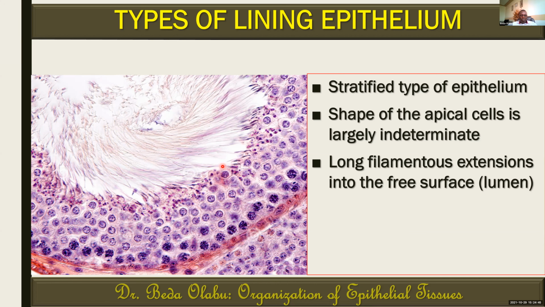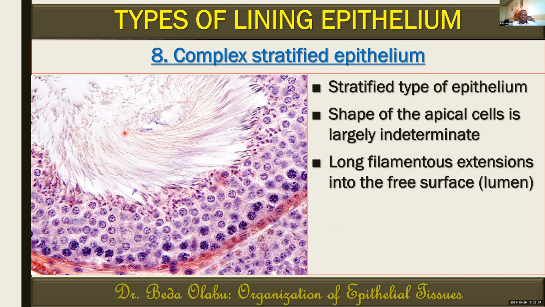There's some filamentous projections into the lumen. Many of you have been deceived to think that this is cilia. Cilia is not that long. This epithelium is termed complex stratified epithelium.